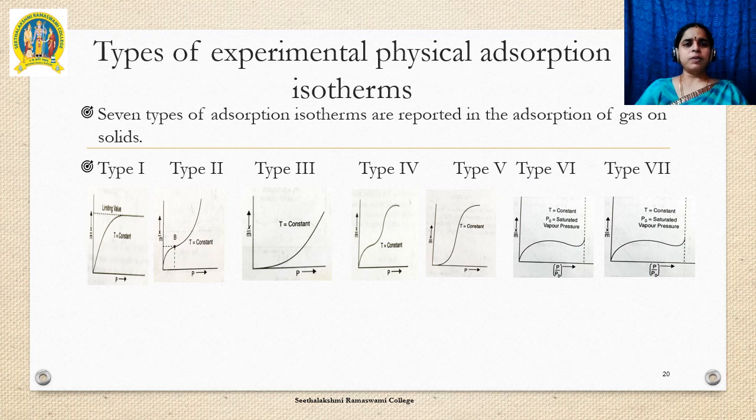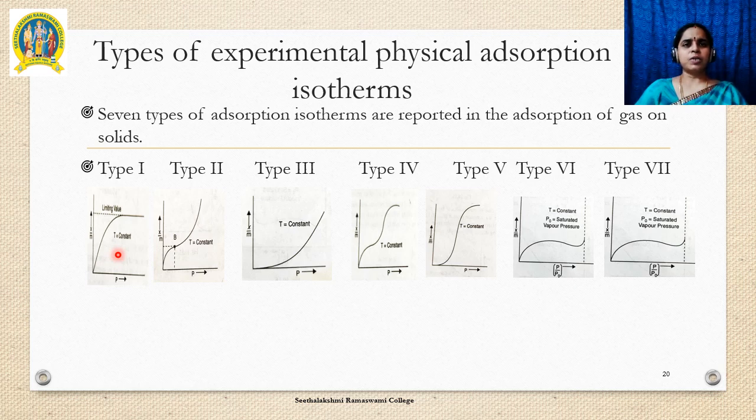There are 7 types of physical adsorption isotherms reported so far. The type 1 adsorption isotherm takes this graphical representation. This is a typical Langmuir isotherm. The adsorption is monolayer.